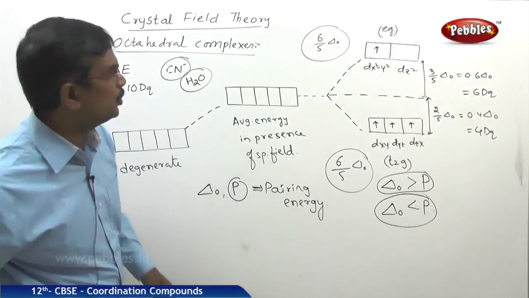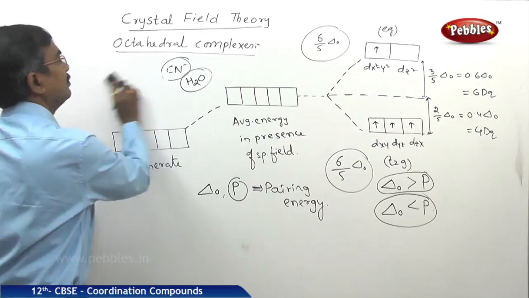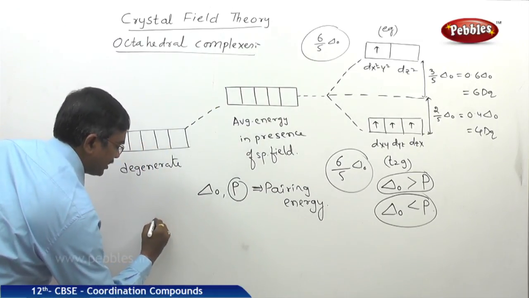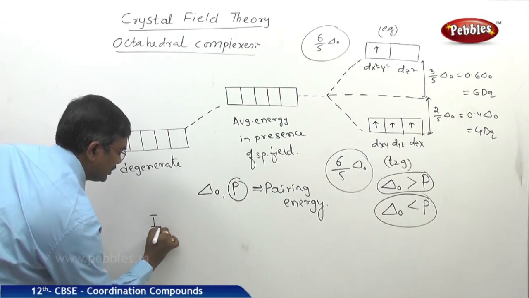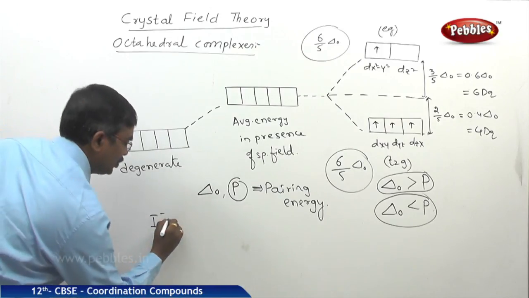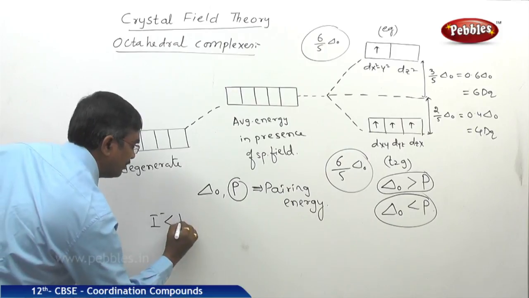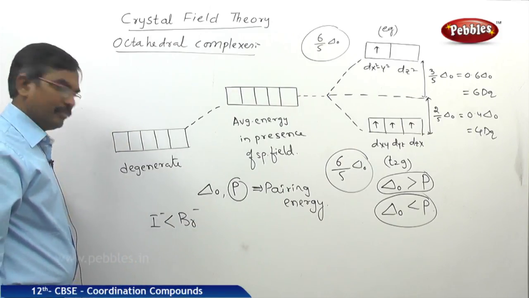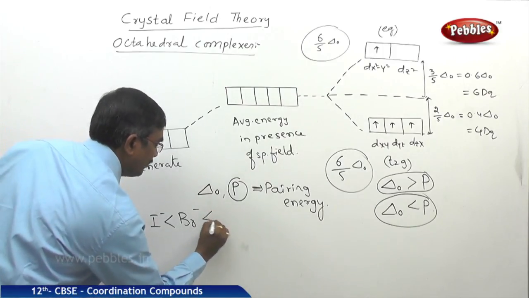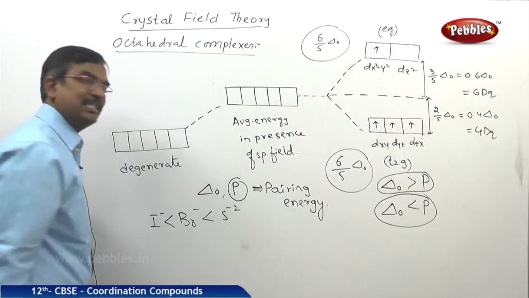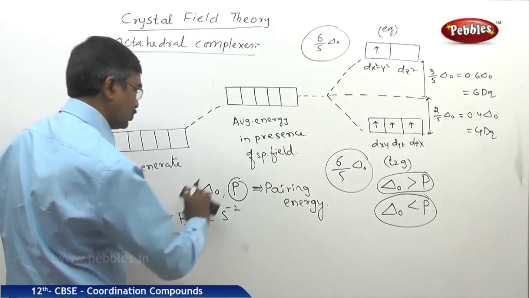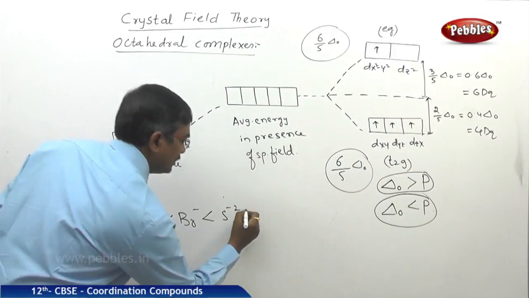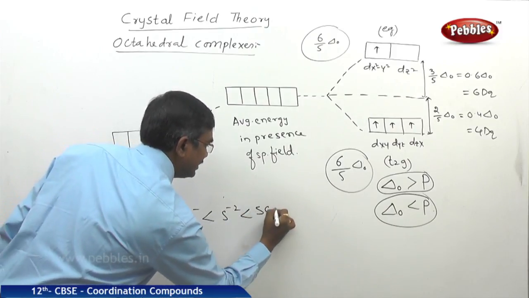For that, you can see here the field strength of the ligands. Generally I minus, which is iodide, will show a smaller field when compared with bromide, Br minus. This will show a smaller field when compared with sulfide, S minus 2, which is less than SCN minus.